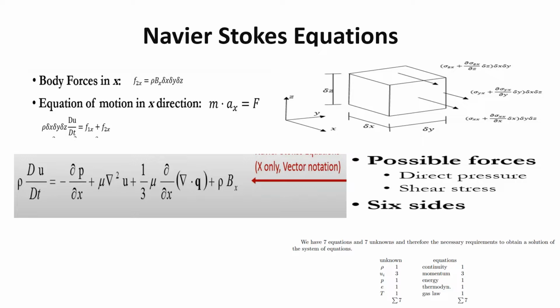What are these forces? We have surface force and body force. After cancelling out on both sides and substituting the terms with viscosity, and switching to vector notation, the final Navier-Stokes equation for full fluid motion just in the x direction is right here.